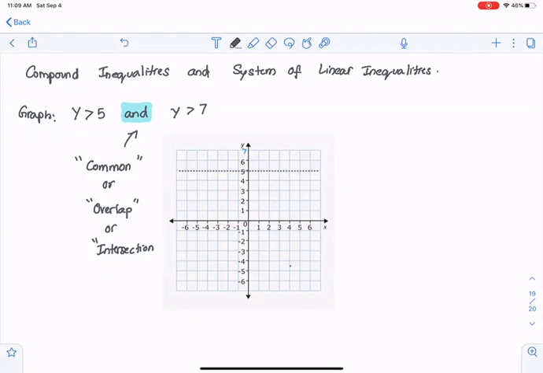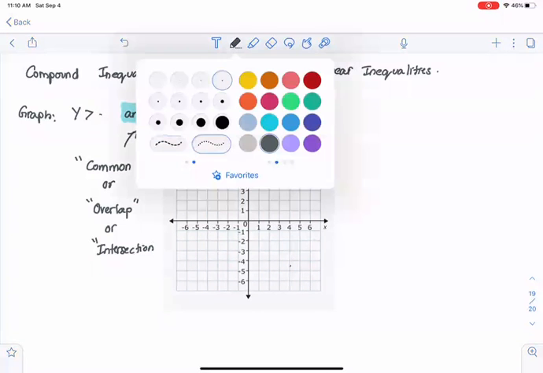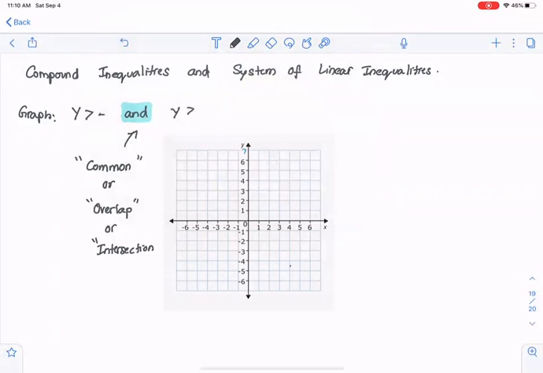Let me change it because the graph doesn't go that far. Say greater than -2. And greater than +2.